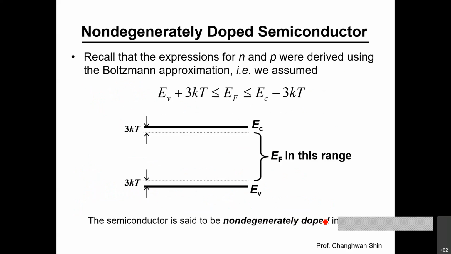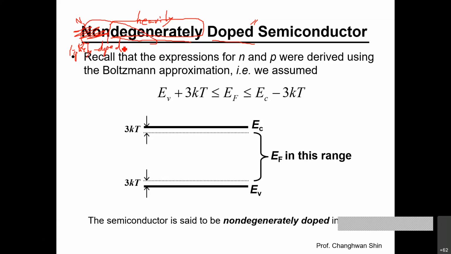Okay, so now I'm going to tell you some definitions of non-degenerately doped semiconductor or degenerately doped semiconductor. The meaning of the word degenerately is quite complicated, so instead of using degenerately, you can use heavily doped. Okay? So a non-degenerately doped one means a lightly doped semiconductor.